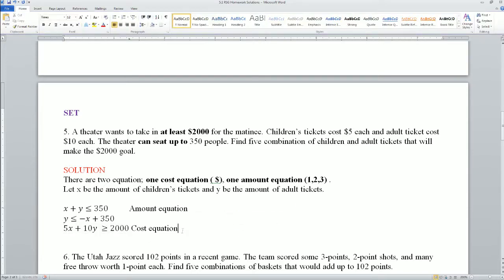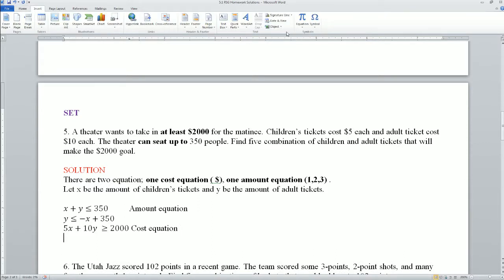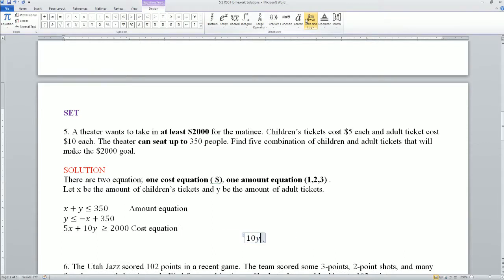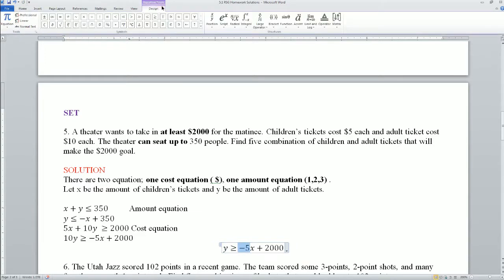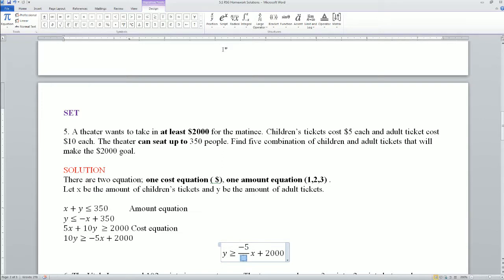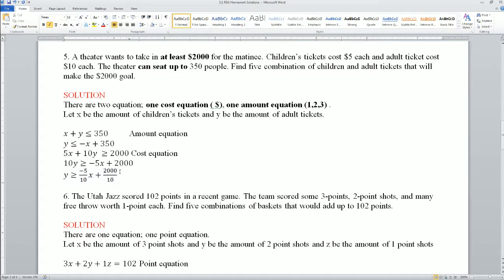And the other one, I think, should look like, hold on, 10y less than negative 5x plus 2,000, right? But you want to divide the 10 to both sides. So this is divided by 10, which can be simplified. This is also going to be divided by 10. Right, and I think that can be simplified.